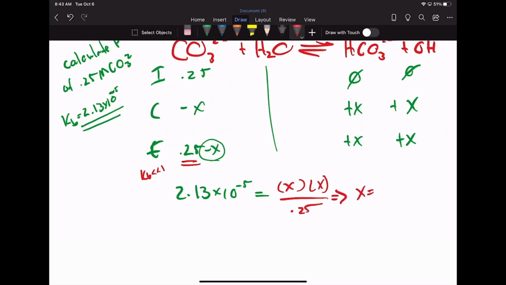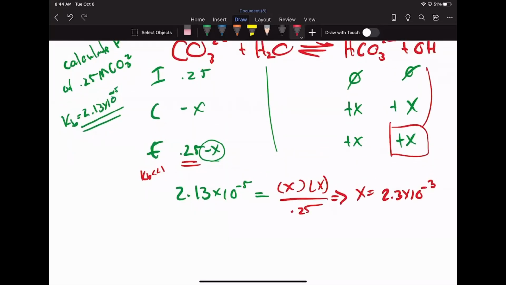and x is equal to 2.3 times 10 to the minus 3. So now that I know what x is, I know that the concentration of hydroxide is equal to 2.3 times 10 to the minus 3.